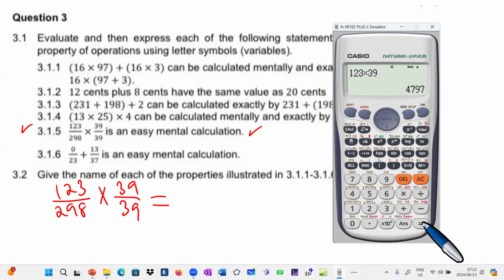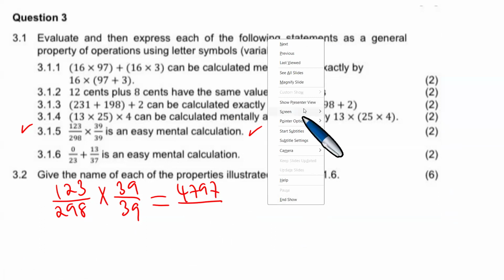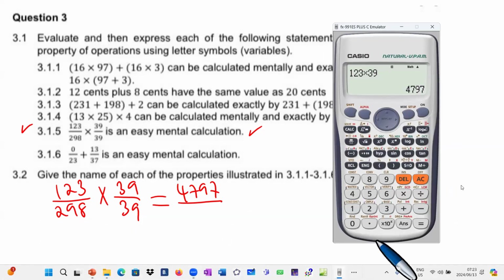We're getting 4797. You divide by, next you're getting 298 times 39.